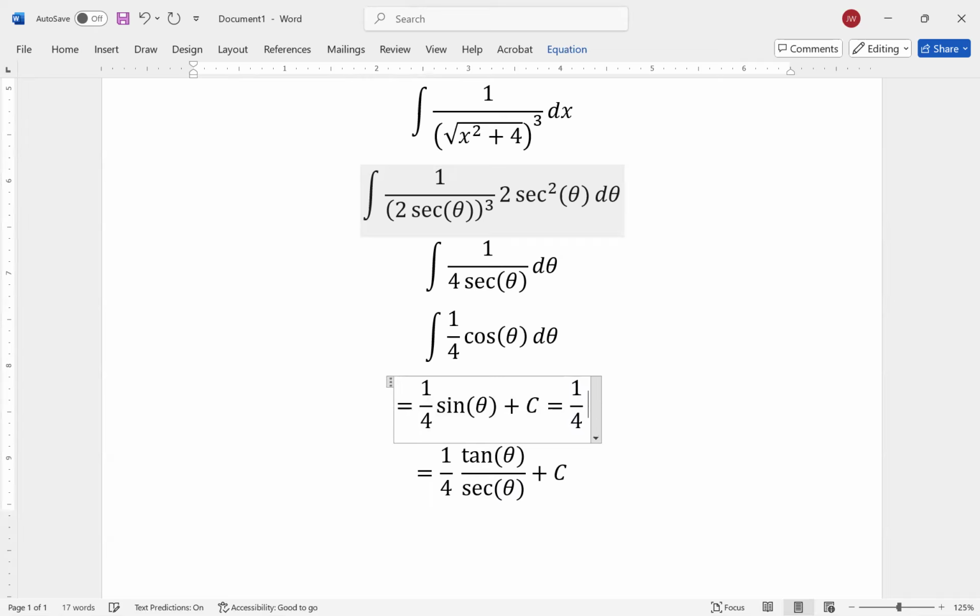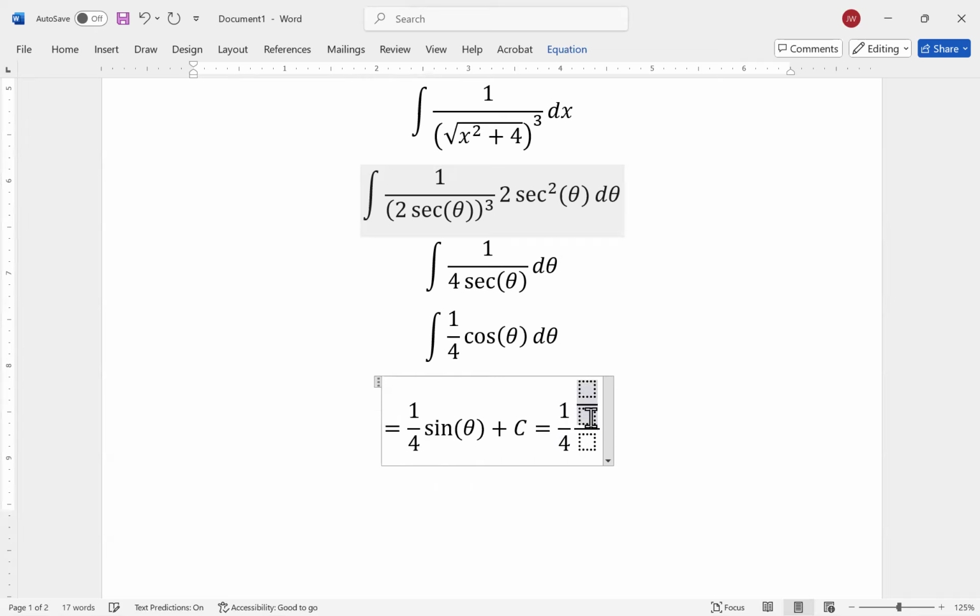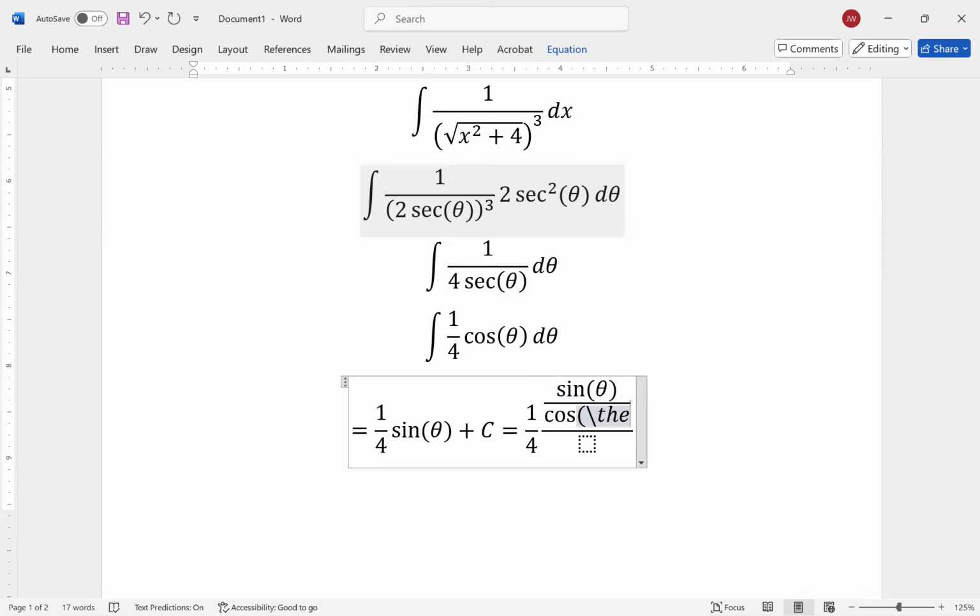Let me write this over here. I'm sure some of you don't need this written, but what we have is sine theta over cosine of theta divided by 1 over cosine of theta.